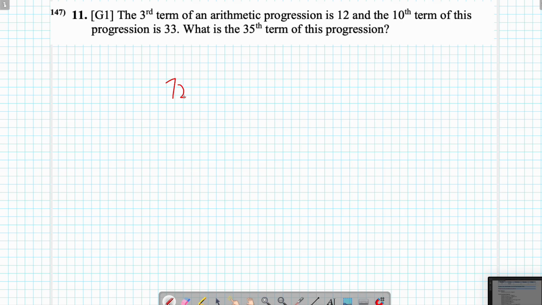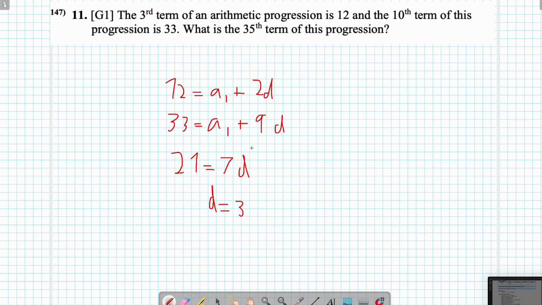So 12 is equal to A1 plus 2D, since N is 3. And then 33 is equal to A1 plus 9D. Then you subtract both sides again. 21 is equal to 7D. D is equal to 3.